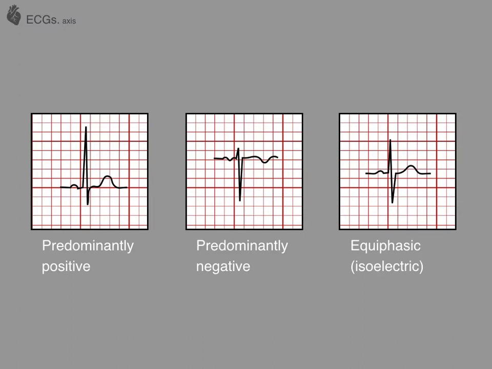This is a brief aside looking at how we might class QRS complexes as either predominantly positive, predominantly negative, or equiphasic, meaning that the complex shows equal parts positivity and negativity.